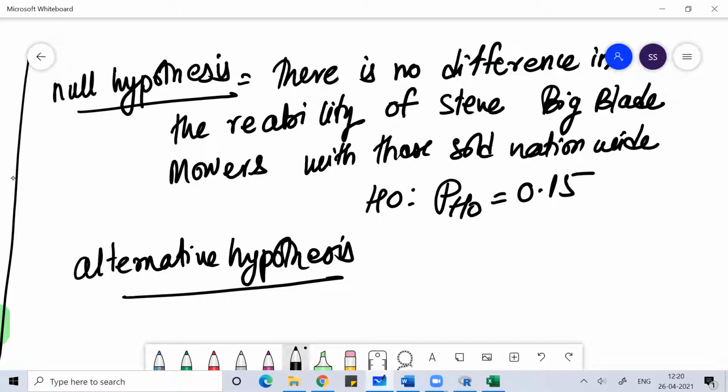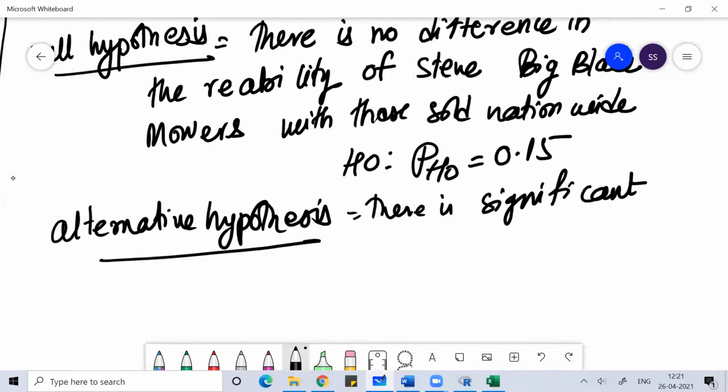So in the alternative hypothesis, I'll write that there is a significant difference. You can understand this is a two-tailed test because there's no word like increase, decrease, more than or less than.